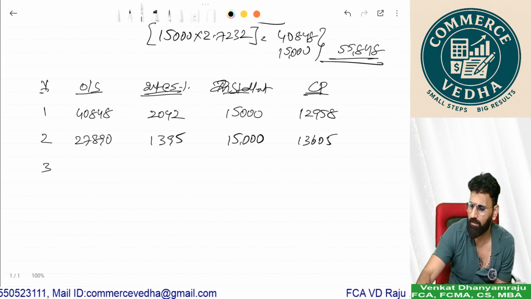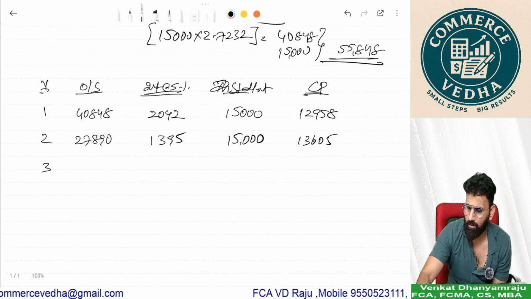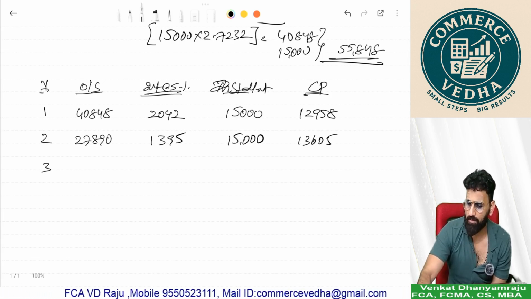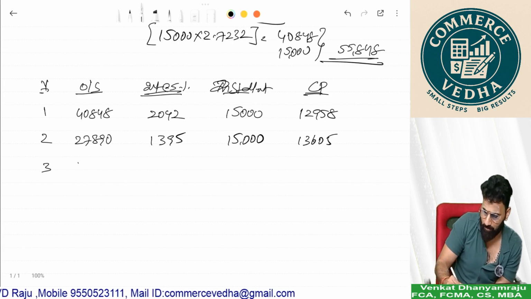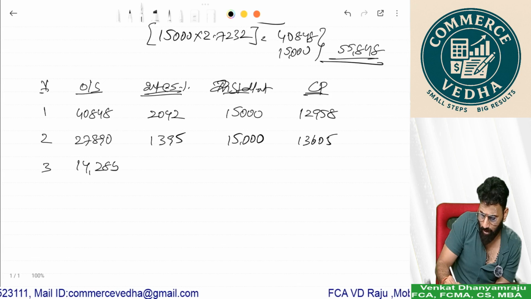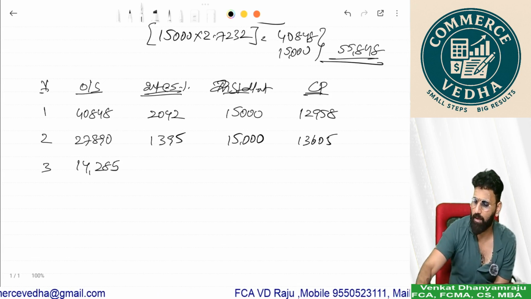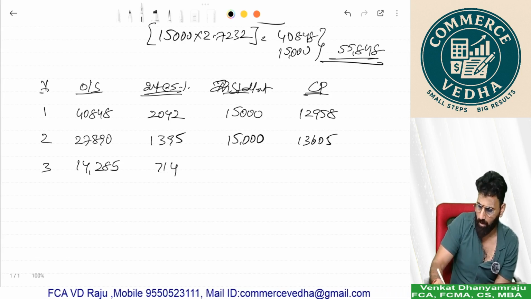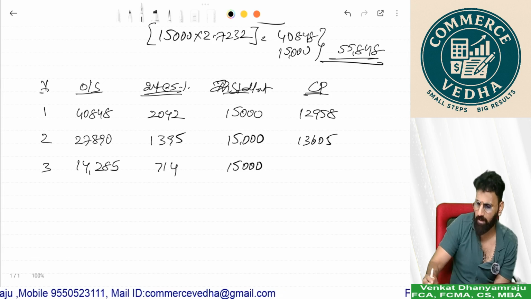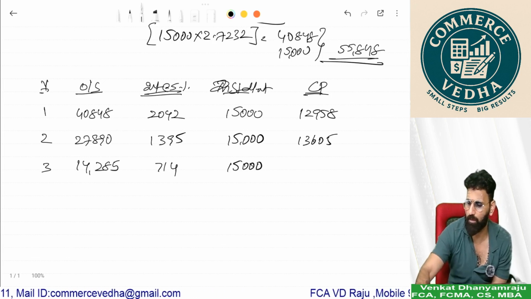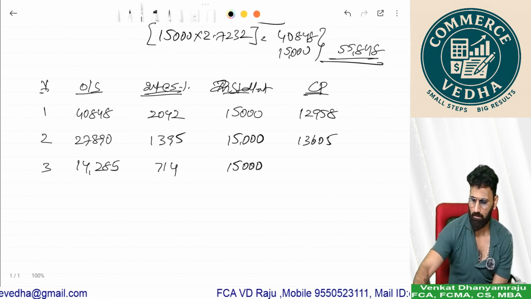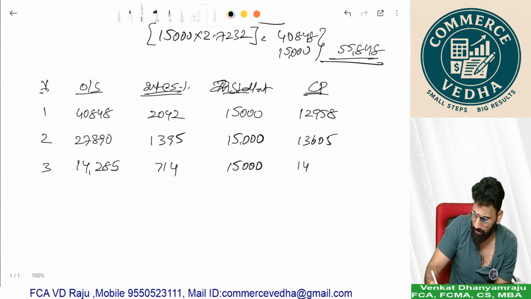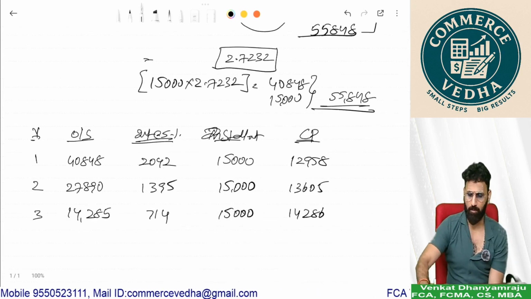And the difference, 27,890 minus 13,605, the complete principal due, is 14,285. On that, interest at 5% is 714, and you paid 15,000 minus 714, which is 14,286 as the cash price, rounded.